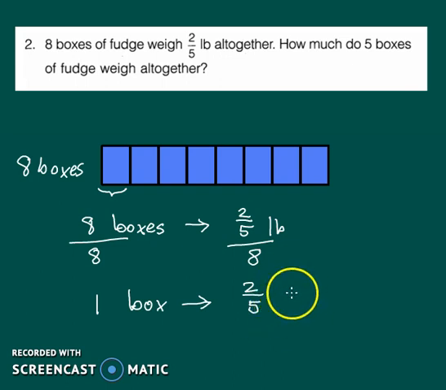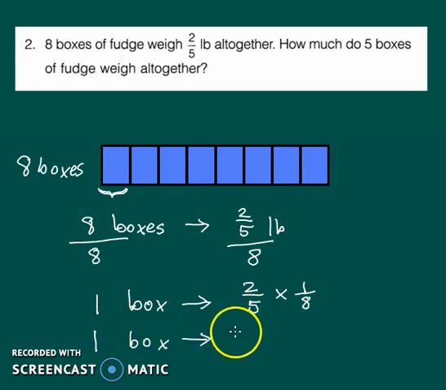So instead of saying 2/5 divided by 8, I'm going to write 2/5 times 1/8. If you want to think about that, dividing by 8 is the same thing as just choosing 1/8 of the whole thing.